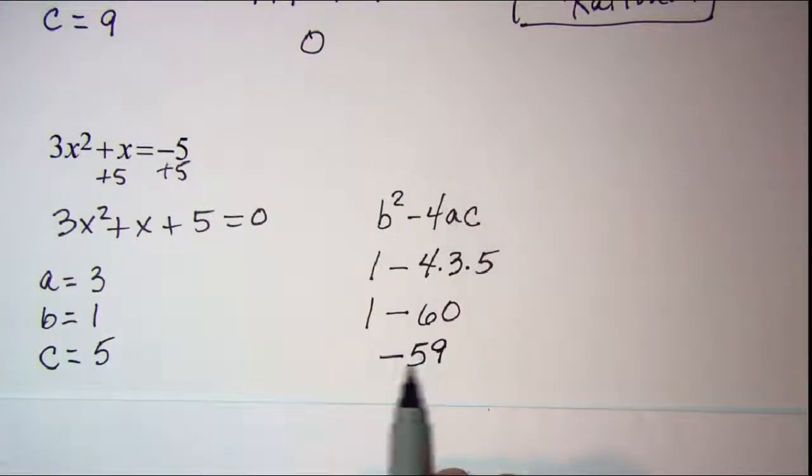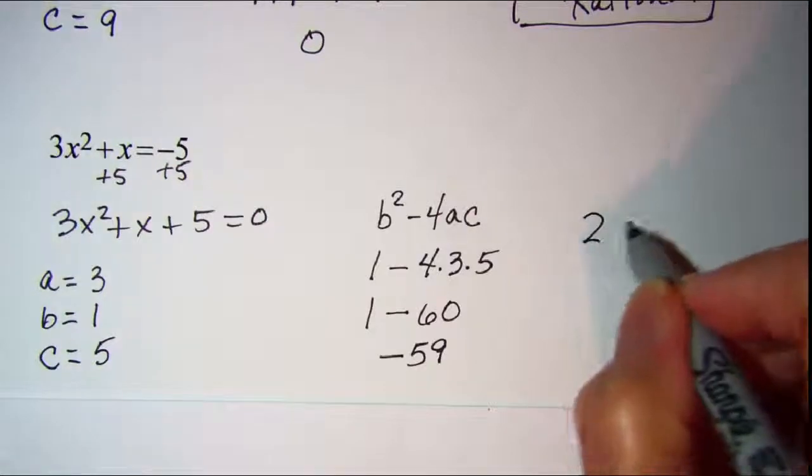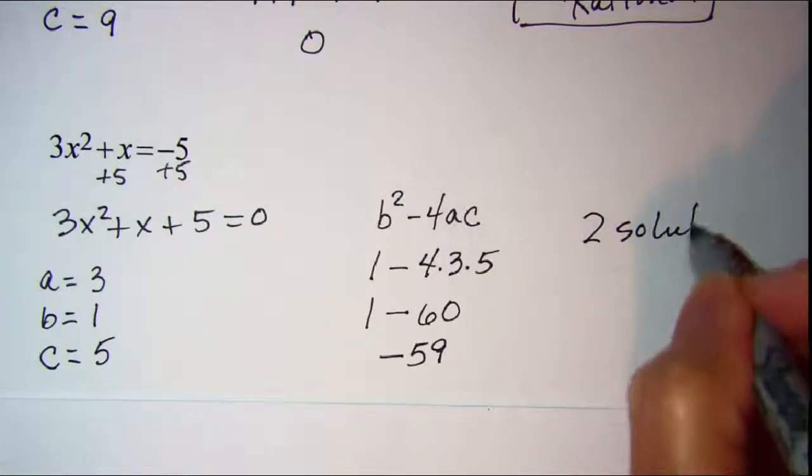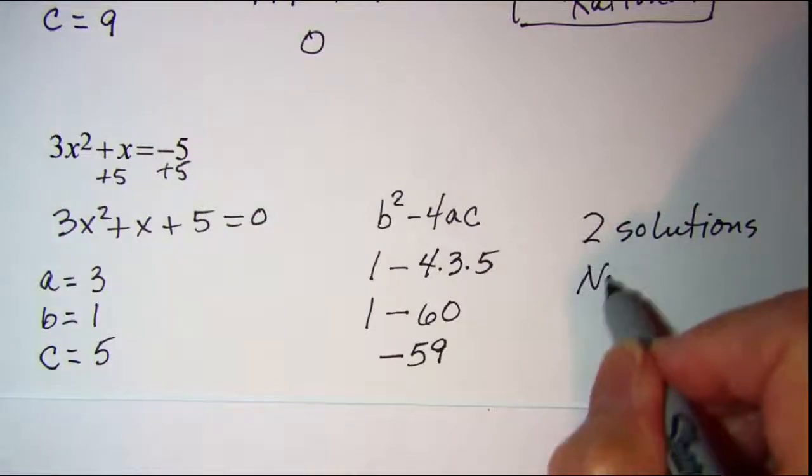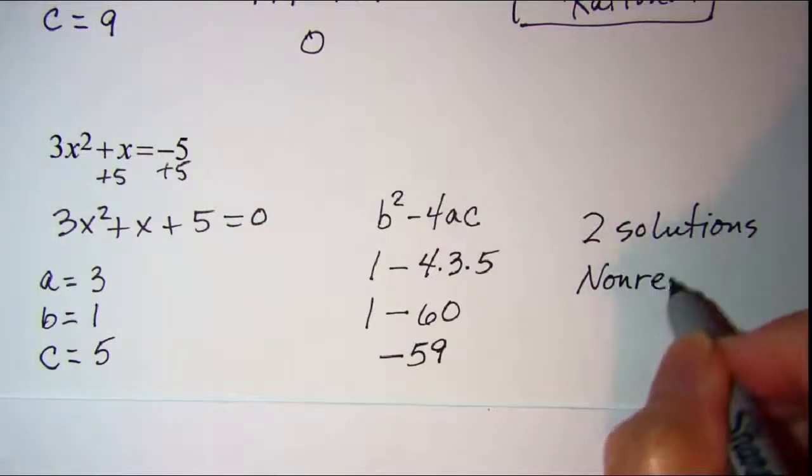Now, because the discriminant is a negative number, that means under the radical, I have a negative number, which makes it imaginary. So I have two solutions, and they are non-real complex.